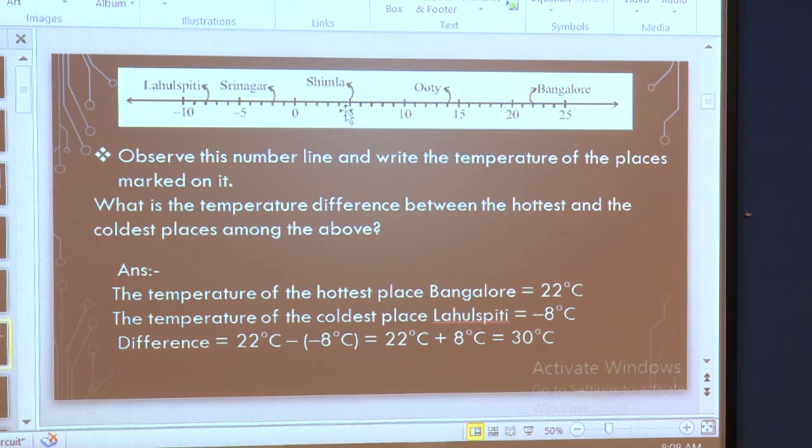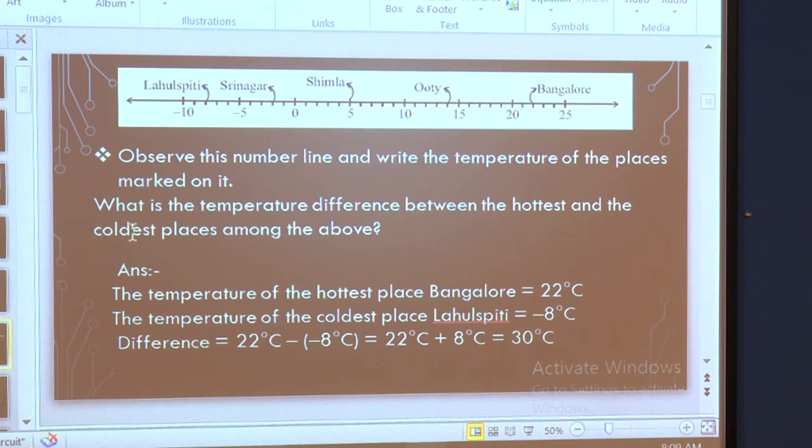You can see Simla's temperature is 5 degrees because it is marked on 5. Then we have 10 after 5, but in between 10 and 15 there are 11, 12, 13, and 14 degrees Celsius. Here also after Bangalore, the temperature goes 20, 21, 22, 23, 24, and 25.